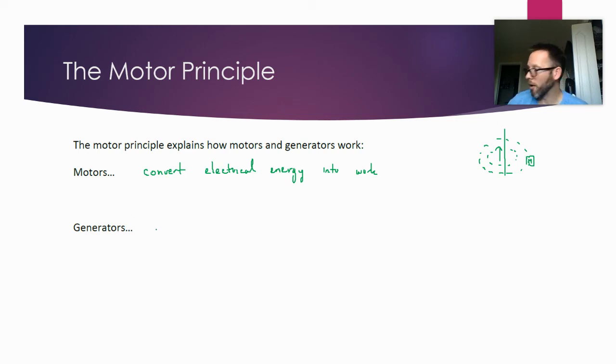Generators go backwards. They convert mechanical work into electrical energy. So in the same scenario, if you were to spin this magnet around and around this wire, you'd actually generate a current in the wire.